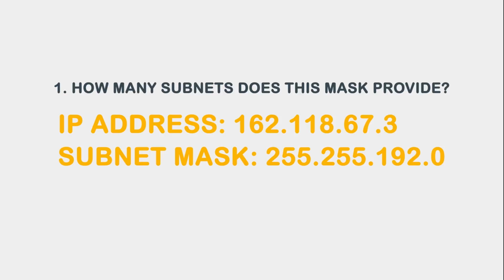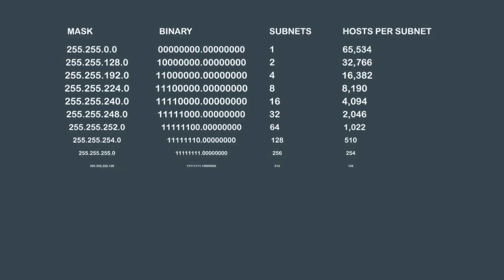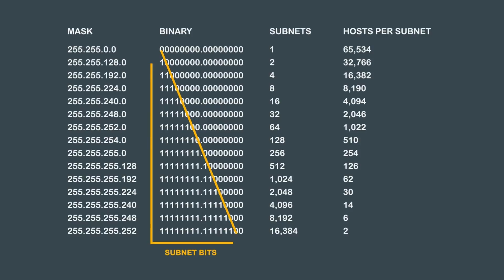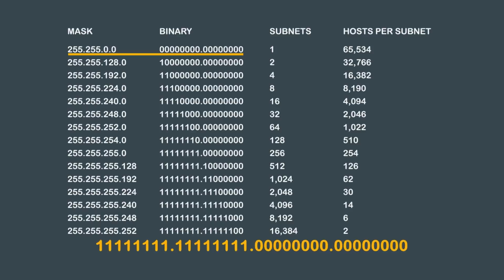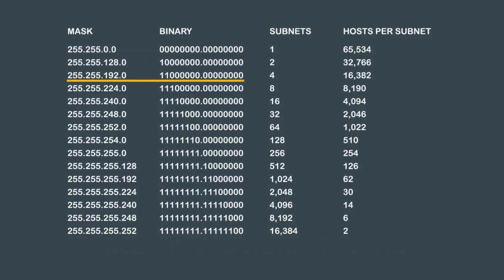How many subnets does this mask provide? To calculate the number of subnets, we need to observe how many bits we have borrowed from our default Class B subnet mask. Then we will need to use the 2 to the n formula. The default subnet mask for a Class B network is 255.255.0.0. Translated in binary, we get all ones, all zeros, and all zeros. The subnet mask in this example is 255.255.192.0.